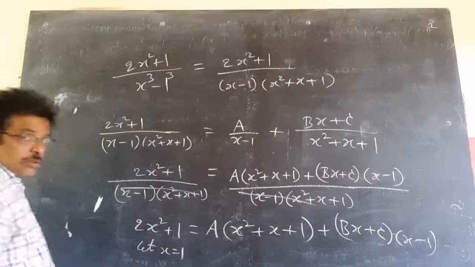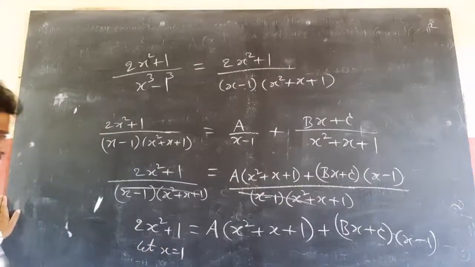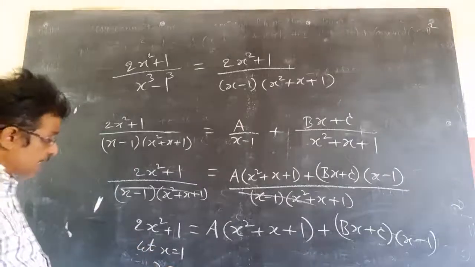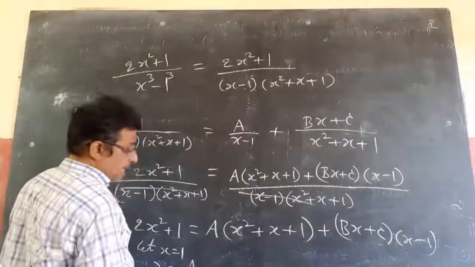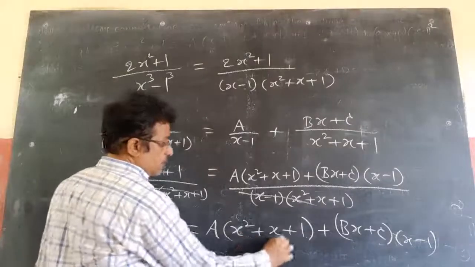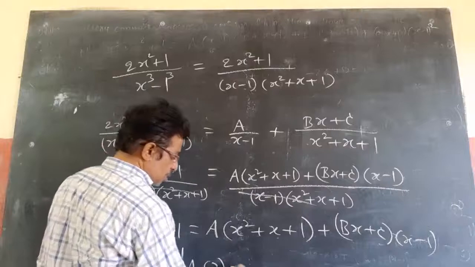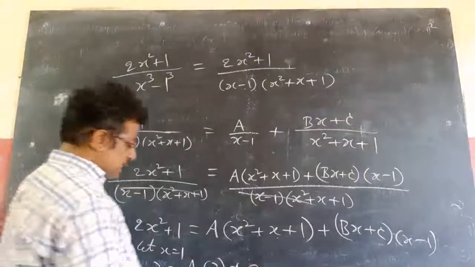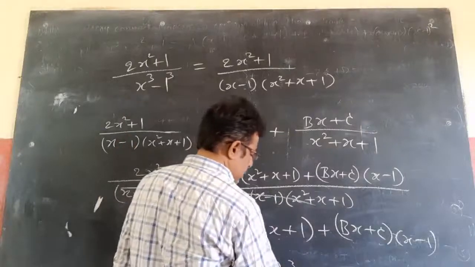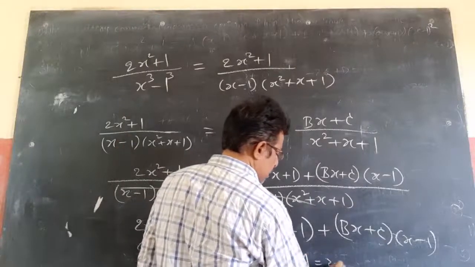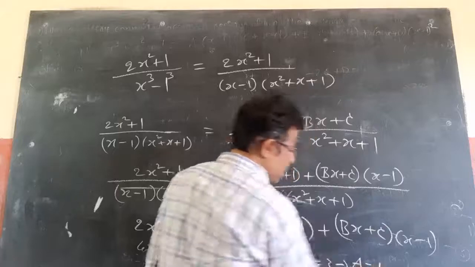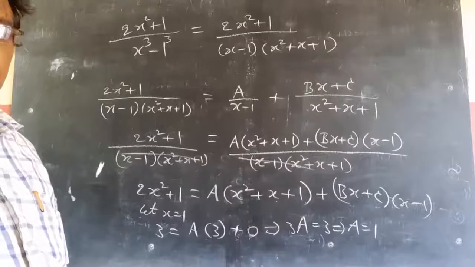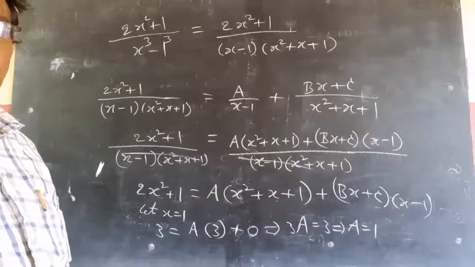The equation becomes 2 plus 1, 3, equals a into 1 plus 1 plus 1, 3, plus bx plus c into 1 minus 1, 0. So I will get 3a equal to 3, which implies a equal to 1.